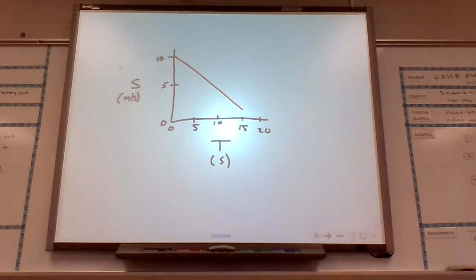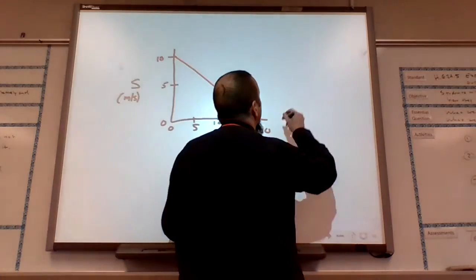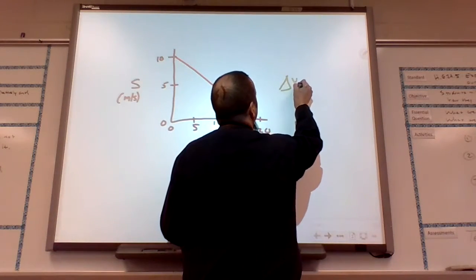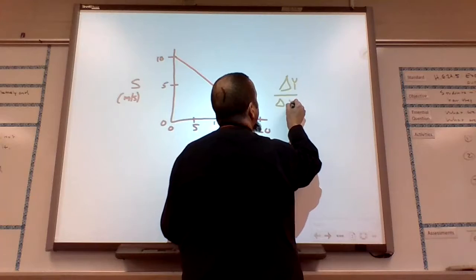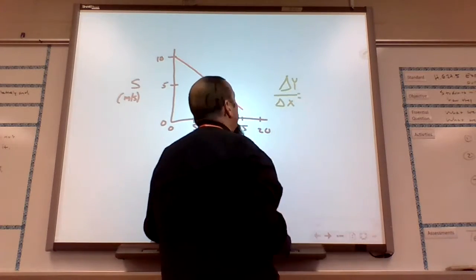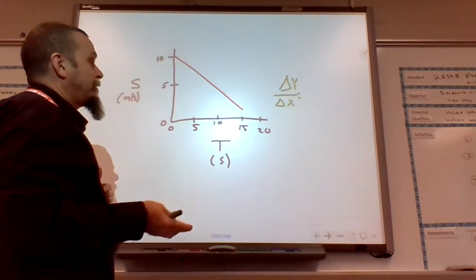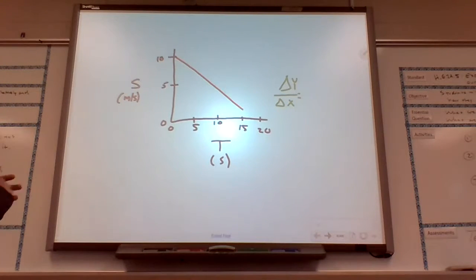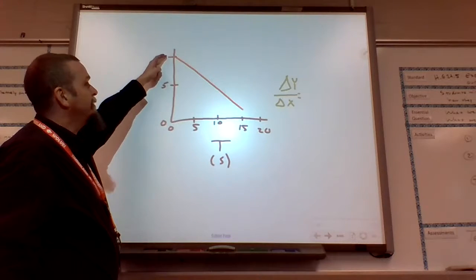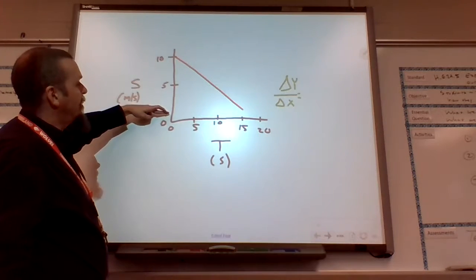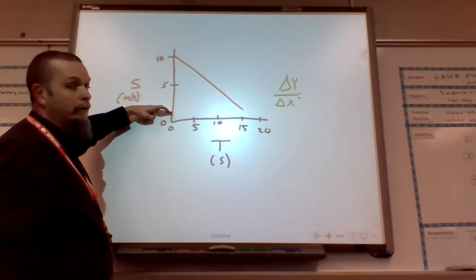If the question were to ask you, what is the acceleration of this object? Then what you're going to do is calculate the slope of that line. And slope, as you should already know, is change in y over change in x, or yf minus yi over xf minus xi. On my y-axis, I'm starting off at 10, and I'm ending down here, which I'm going to estimate is about 1.